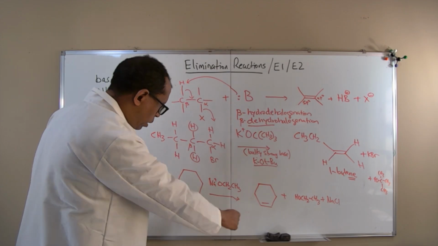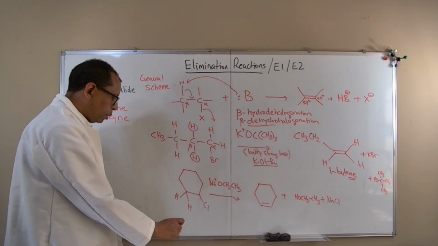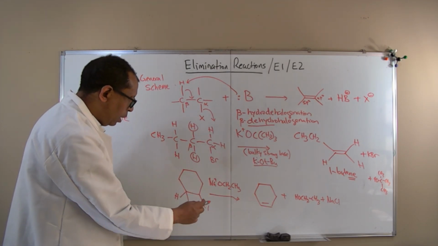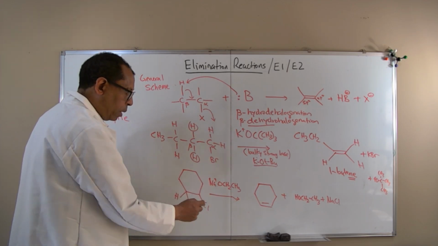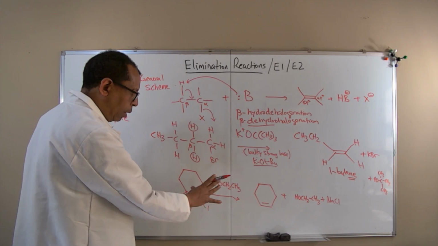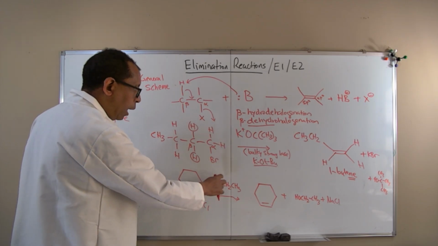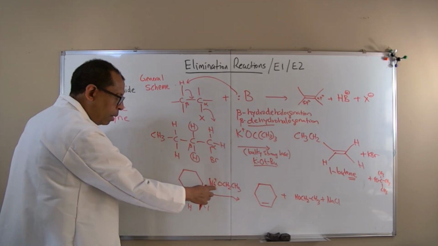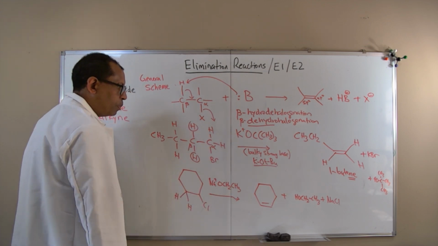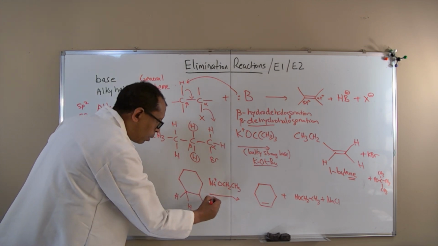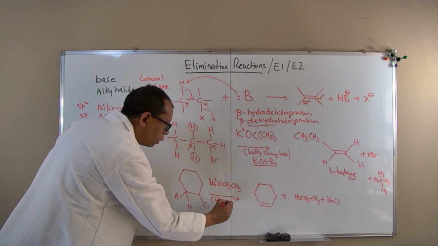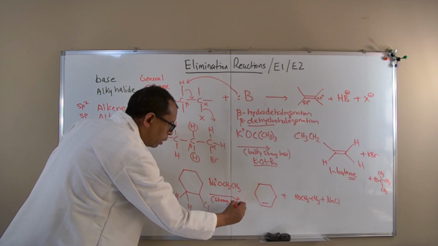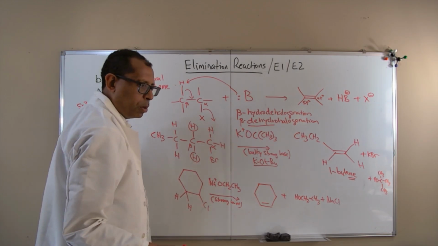Okay, the next example in the elimination reaction, we are using sodium ethoxide. It's a strong base. It's not bulky, but it is an alkoxide like that, an ethoxide. So this is a strong base as well, but not as bulky as tertiary butoxide.